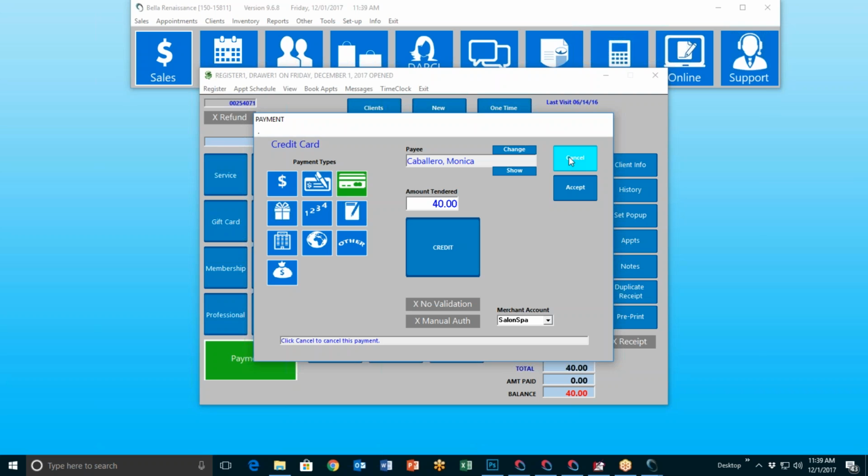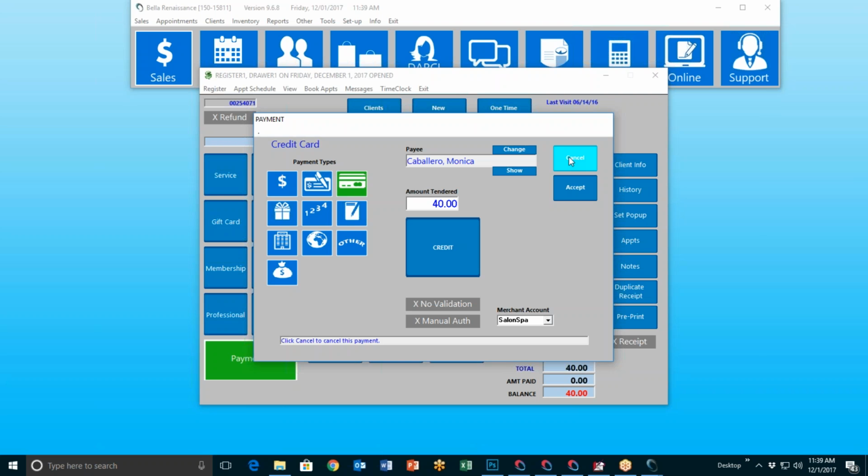It's called a qualified rate, and a non-qualified rate means the card is not present. So you get charged those higher credit card rates whenever you do a non-qualified charge. Gotcha.